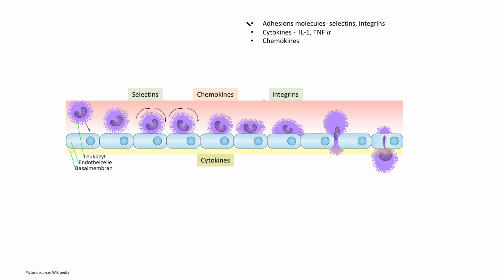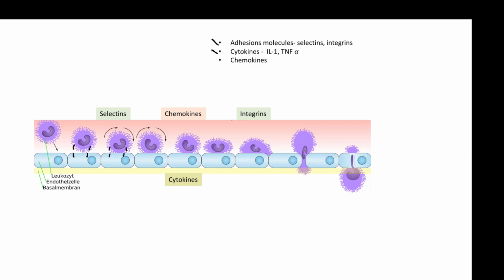First is adhesion molecules. Neutrophils attach to endothelial cells with these adhesion molecules. These adhesion molecules are present both on neutrophils and endothelial cells. The second factor is cytokines like IL-1 and TNF-alpha.